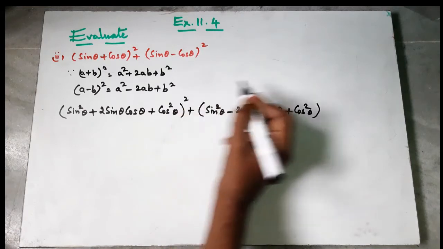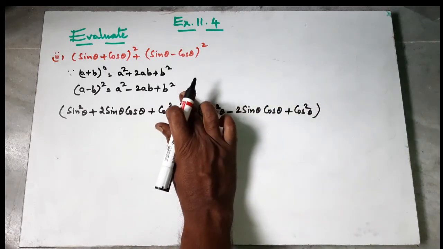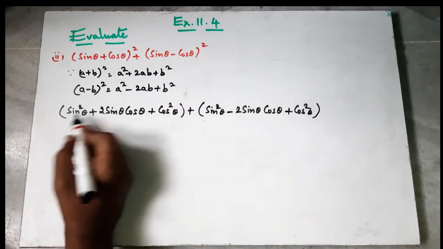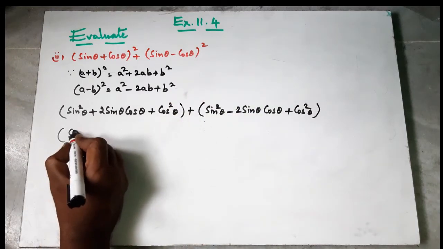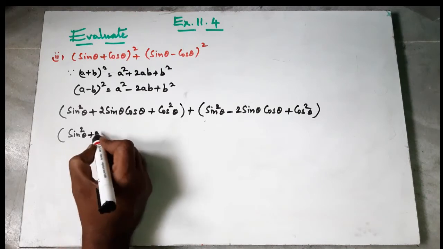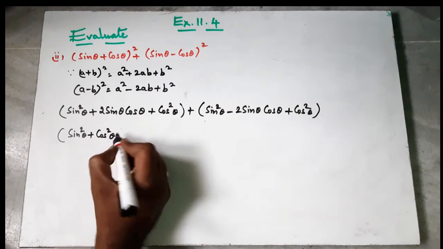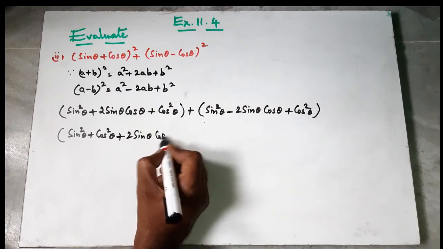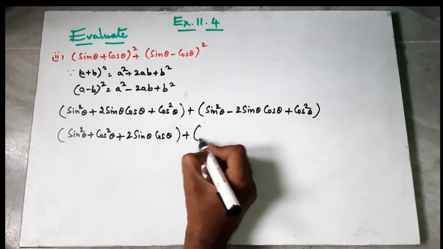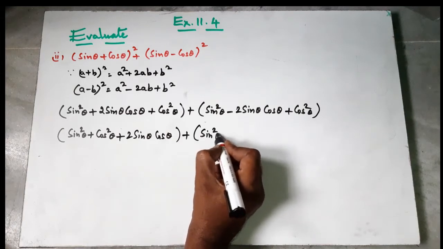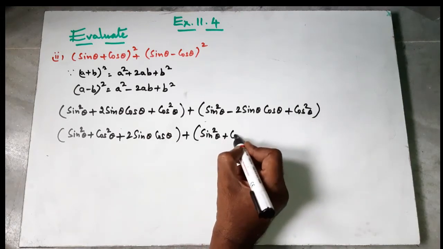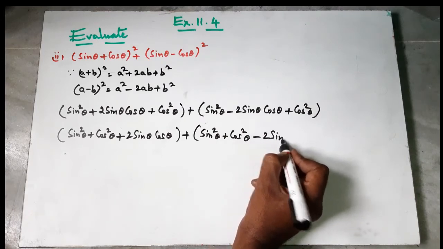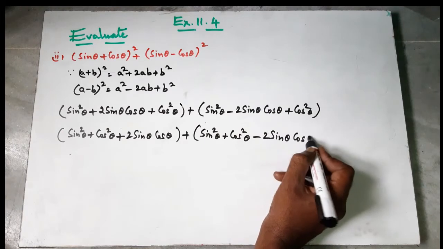No need for the whole square because we have done the expansion only. Now sin square theta plus cos square theta, I am writing together, plus 2 sin theta cos theta, here also sin square theta plus cos square theta minus 2 sin theta cos theta.